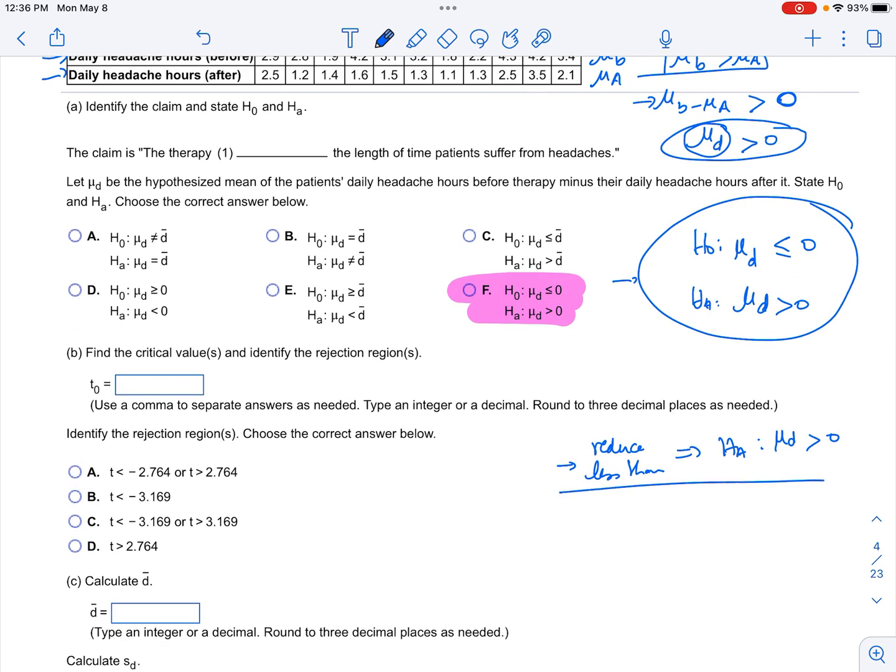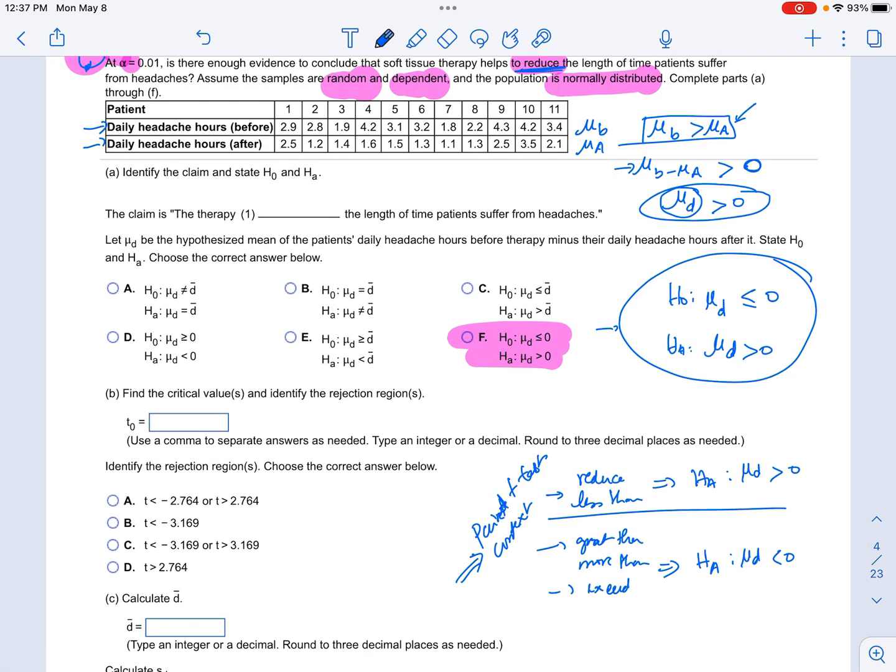But if you see something like greater than, more than, exceed, or anything in that verbiage, it means HA has to be mu D less than 0. This is for the pair t-test context, and I'm going to talk about it again during the Zoom live.